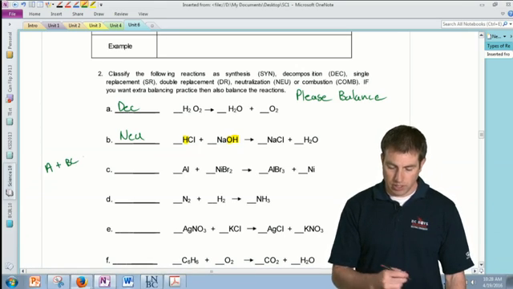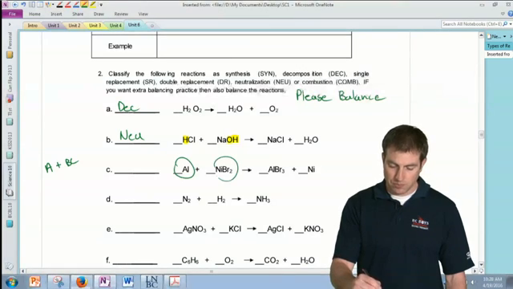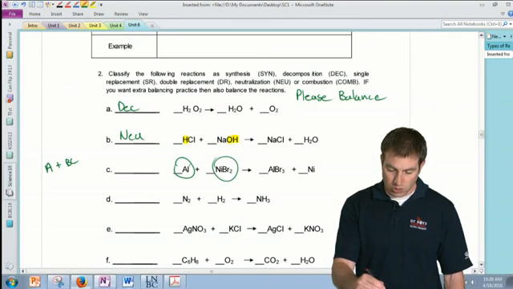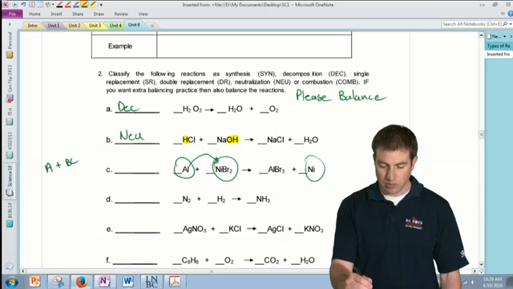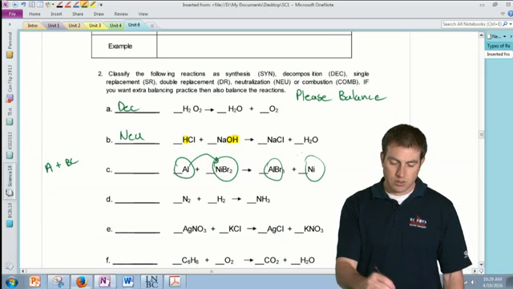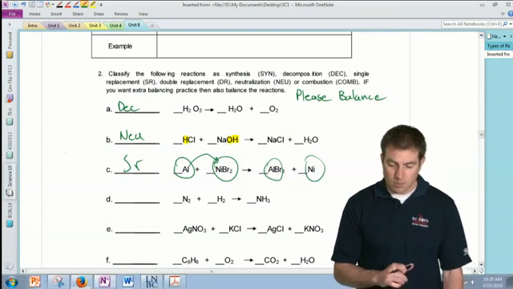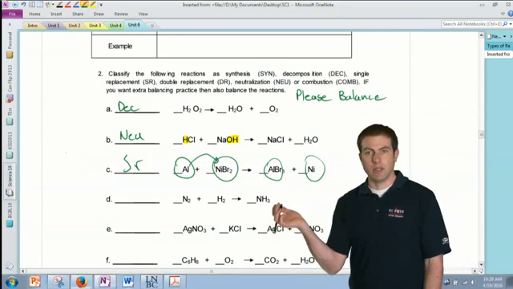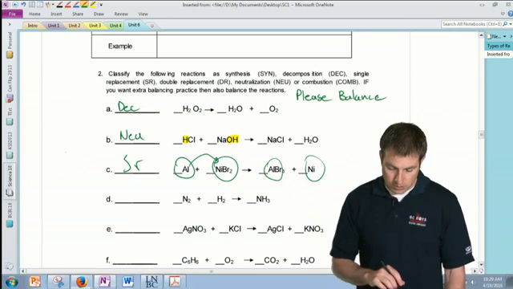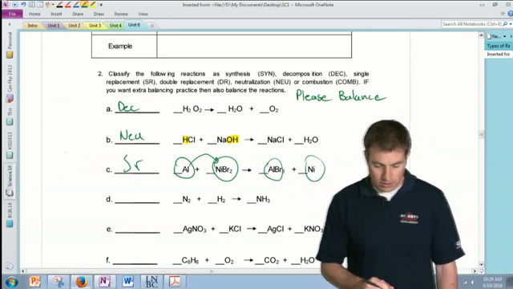Is that what we have here? We have an element by itself and a compound. The aluminum looks like it's kicking the nickel out. Now the nickel's by itself, and then we have the aluminum and the bromine. So this is a single replacement because the aluminum kicked the nickel out.